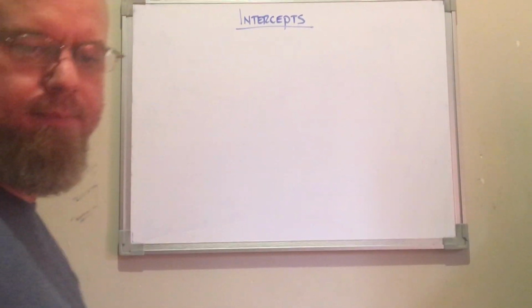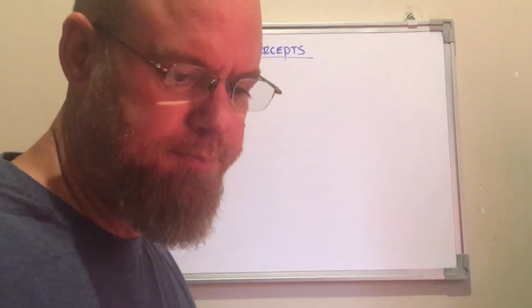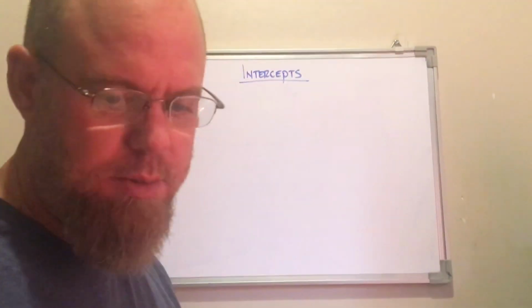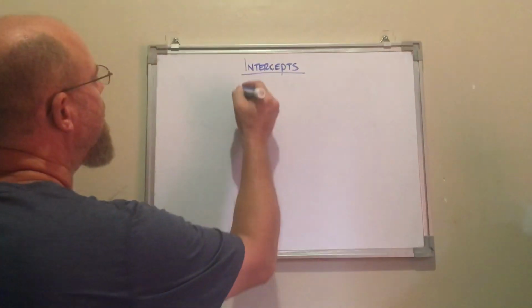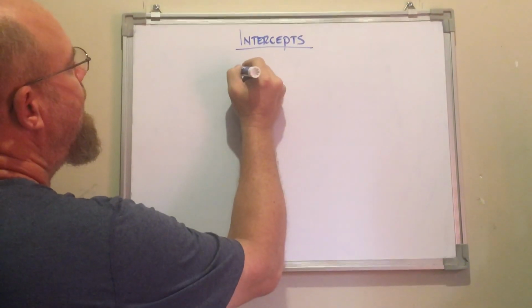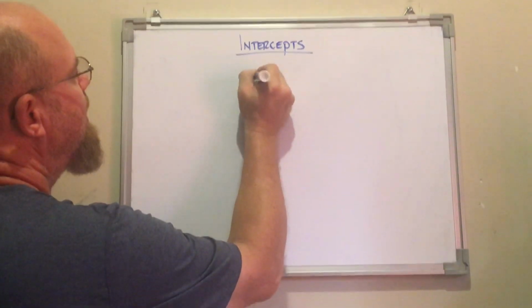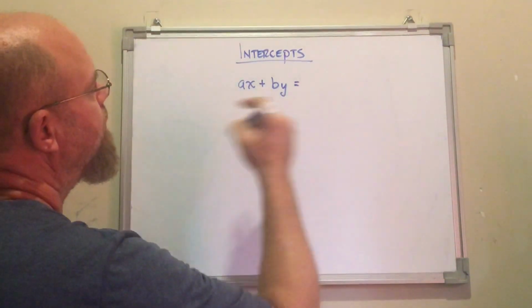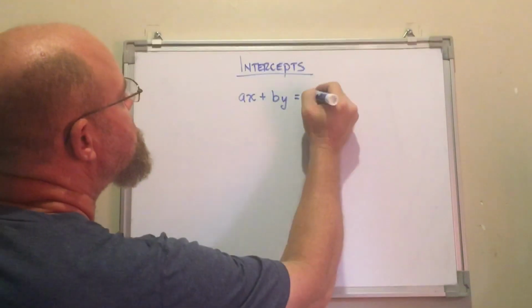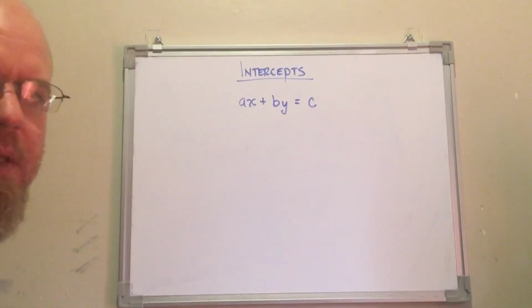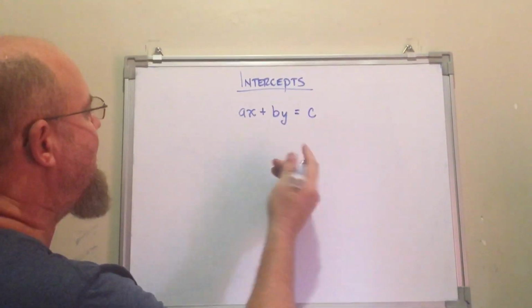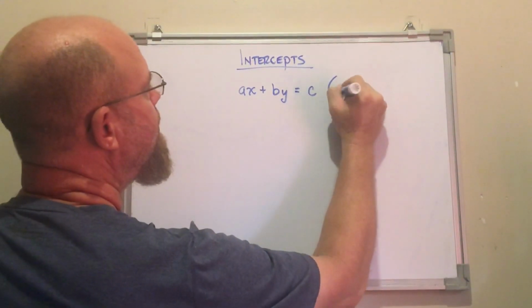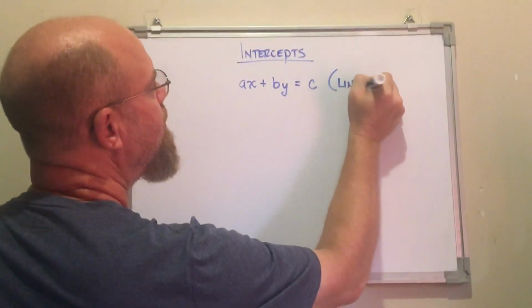So if you remember, linear equations come in the form ax plus by equals c, a constant. Anything where you have a variable x and a variable y is going to be a linear equation.